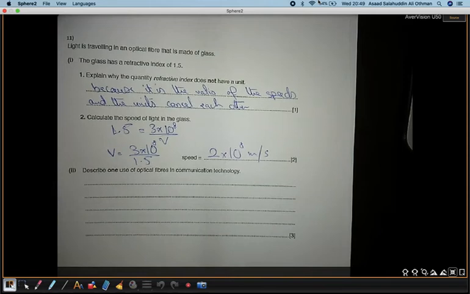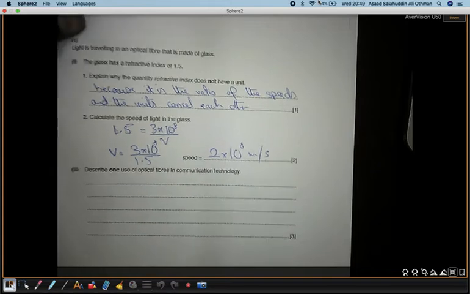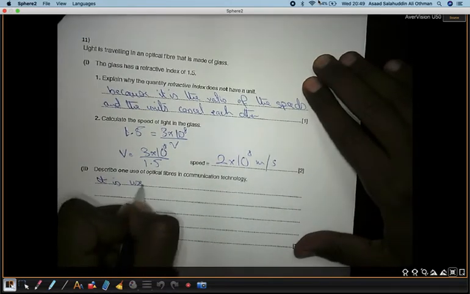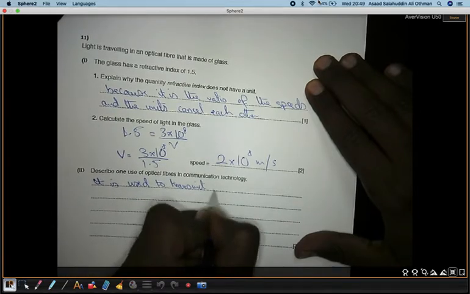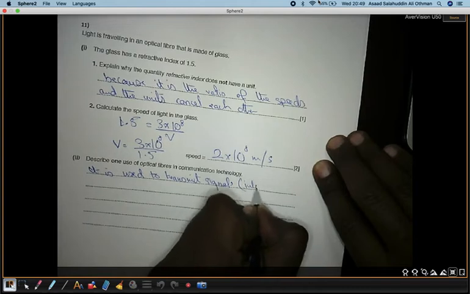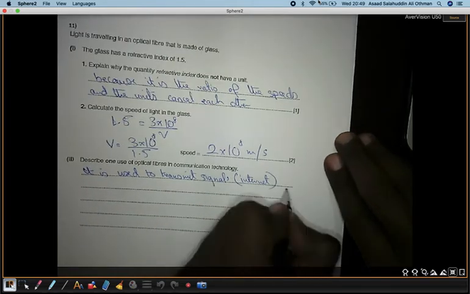Describe one use of optical fibers in communication technology. It is used to transmit signals, for example, the internet. How does it do that?